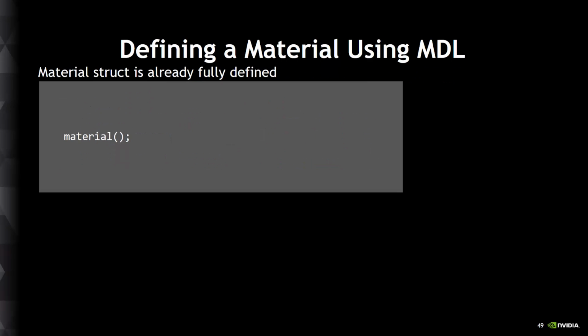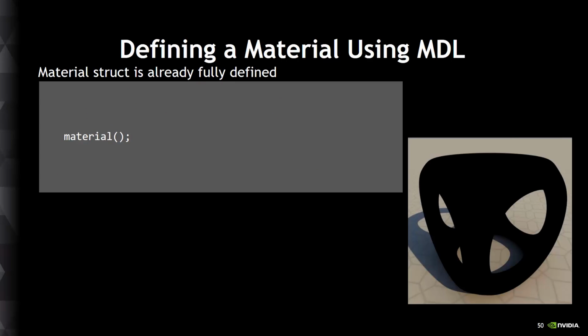So if you now instantiate this material, you will have it fully defined, so you can actually render that without doing anything. Of course it will not be pretty, because essentially it's the neutral form, so there will be no reflection, no volume interaction, no emission. It's just black. But it works. So the real value of that you will see hopefully later.